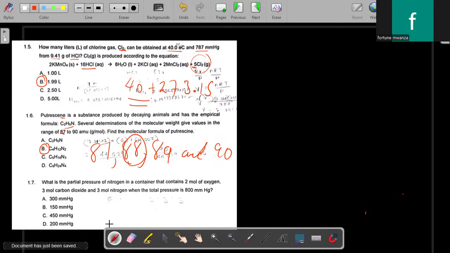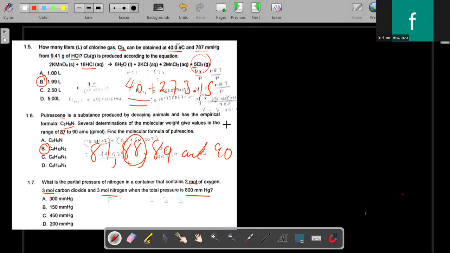Question number 7 says, what is the partial pressure of nitrogen in the container that contains 2 moles of oxygen, 3 moles of carbon dioxide, and 3 moles of nitrogen, when the total pressure is 800 millimeters of mercury? Here you've been given the number of moles.